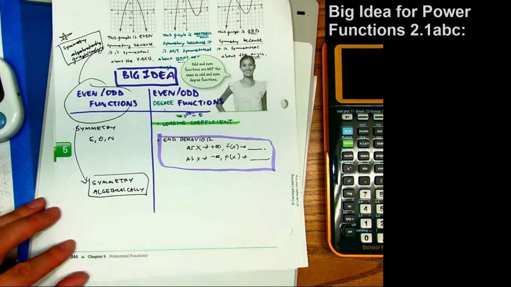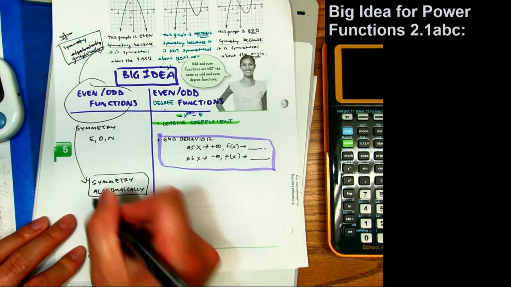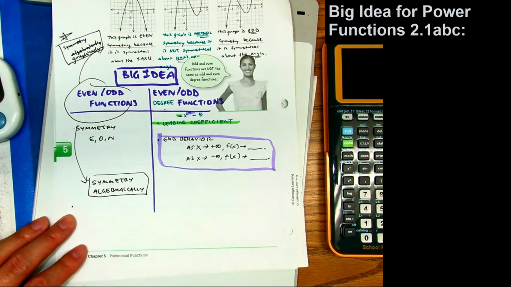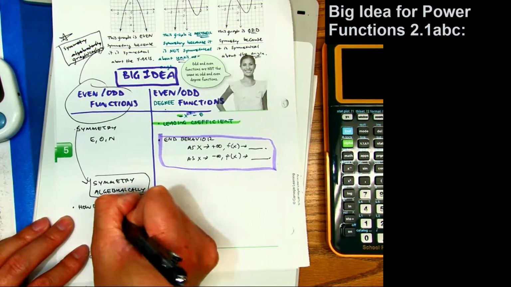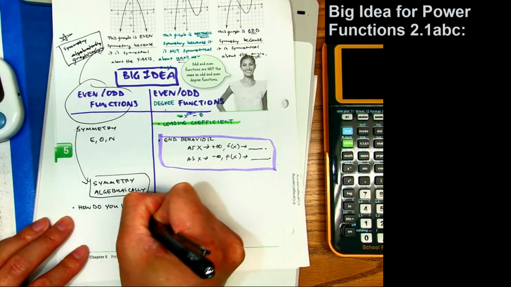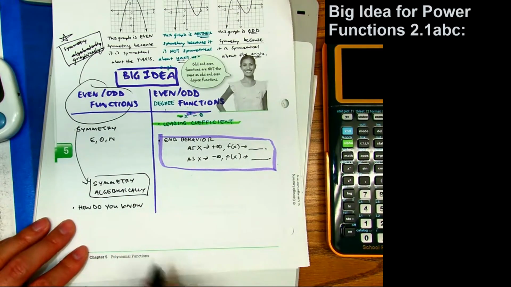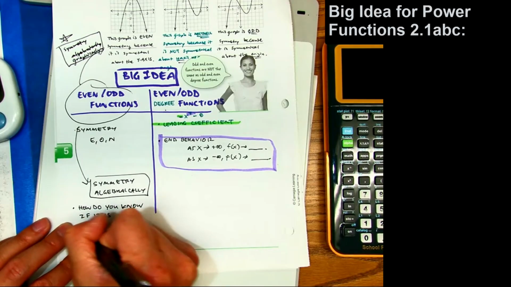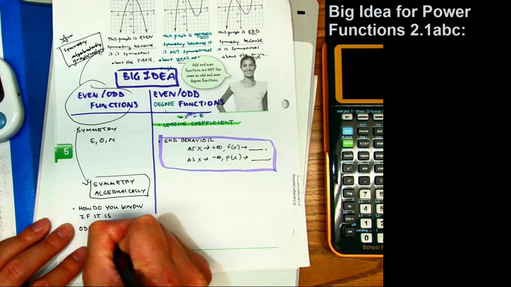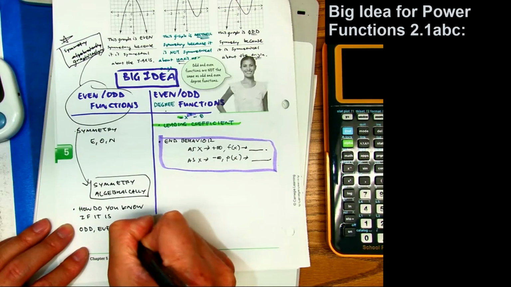So this is new. So let's write down some steps. If I give you a polynomial, the question is, how do you know if it is odd, even, or neither?